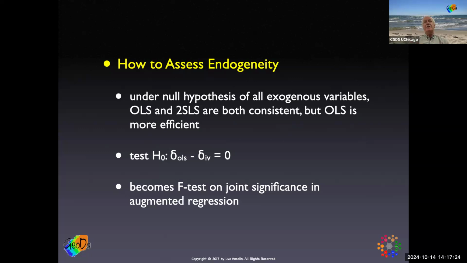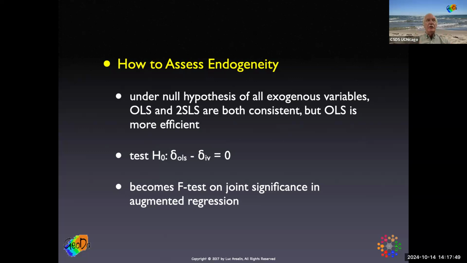You have the base regression, and you stick some additional variables in there, and then you run a regression, and the test really boils down to checking whether the coefficients of those extra variables are zero. Because if they don't matter, then they should have zero in the regression. And that's easy to test.